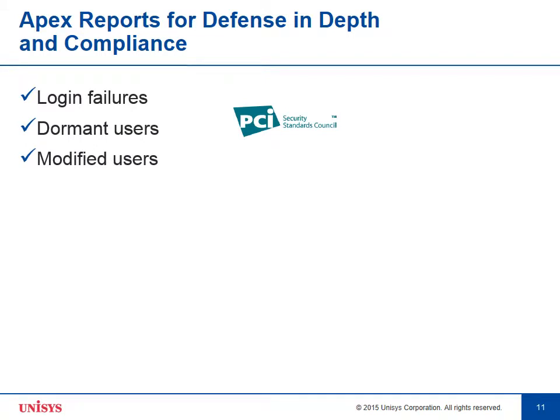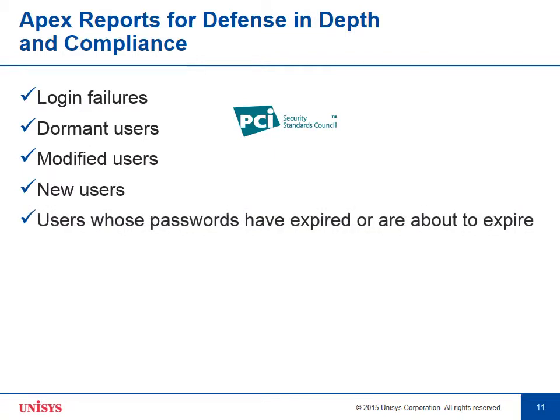Modified users are those whose security attributes have changed. Security administrators also like to keep track of new user IDs added to the system. The new users report lets them know who was added, when, and by whom. The passwords report includes users whose passwords have expired or are about to expire. PCI DSS requires changing passwords at least every 90 days.